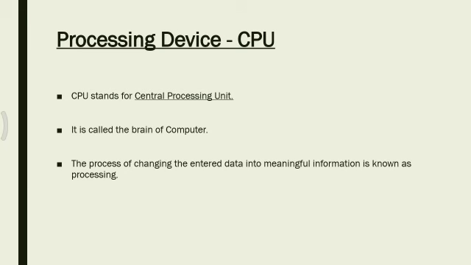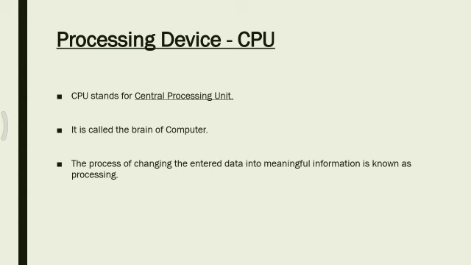The next is processing device, that is CPU. After input we have to process it. And where? In CPU, and CPU stands for central processing unit. It is also called the brain of the computer. CPU is nothing but a processing unit and it is the brain of the computer.